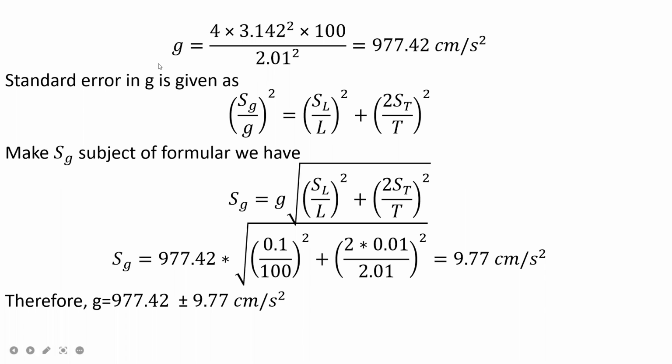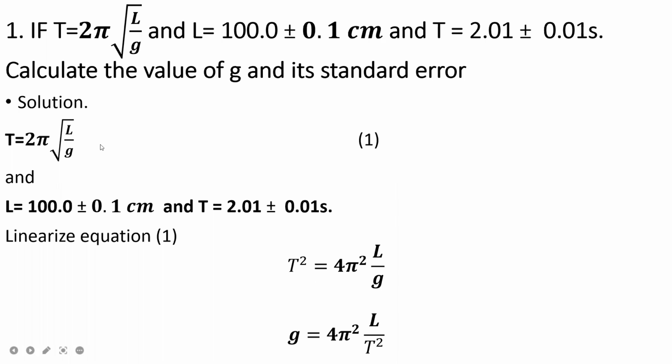Next, we are going to input all the values we are given in the question. We have 4 pi squared L over T squared. We take L as 100 and T as 2.01 seconds.